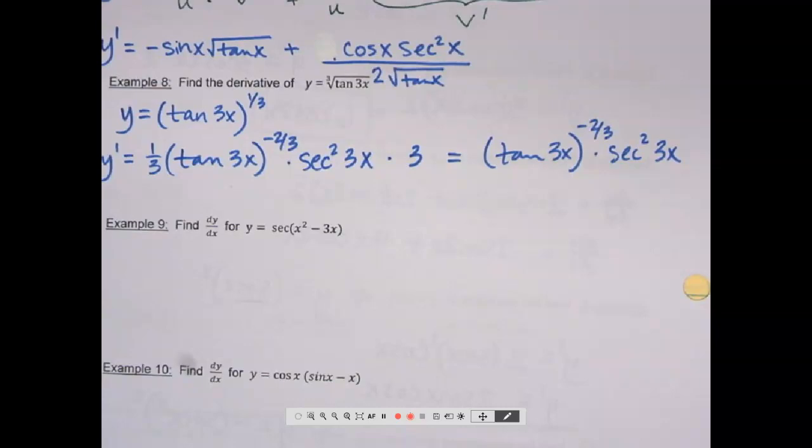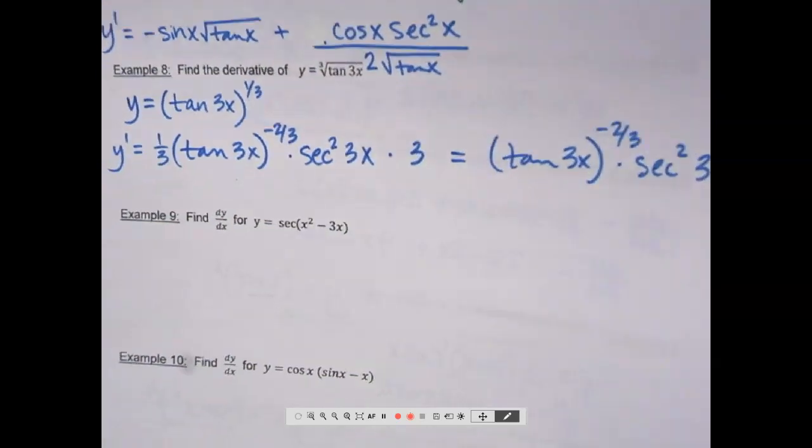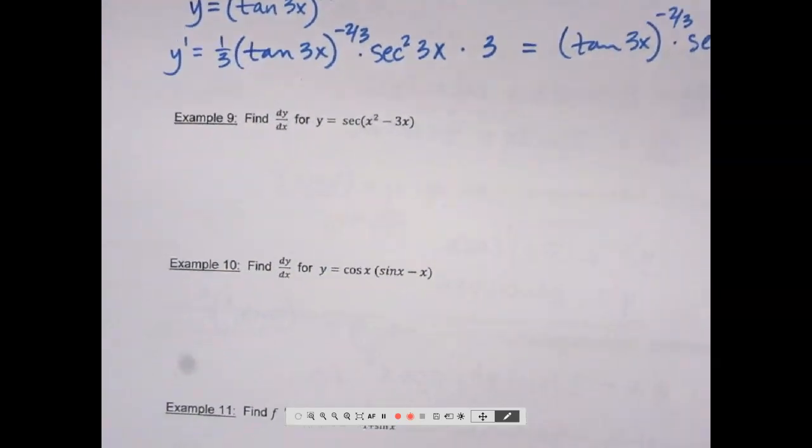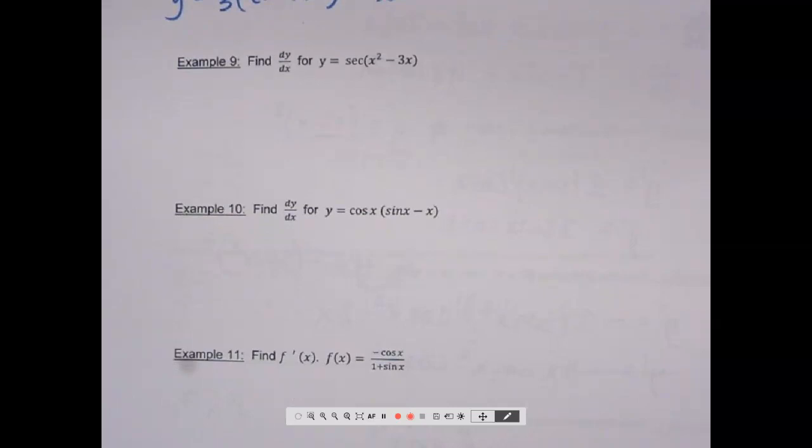Okay, how are we doing? All right, just 3 more. Secant of x squared minus 3x. So would you first find the derivative of secant? Oh, you have to do a product rule. Okay, what is u? Just the word secant?